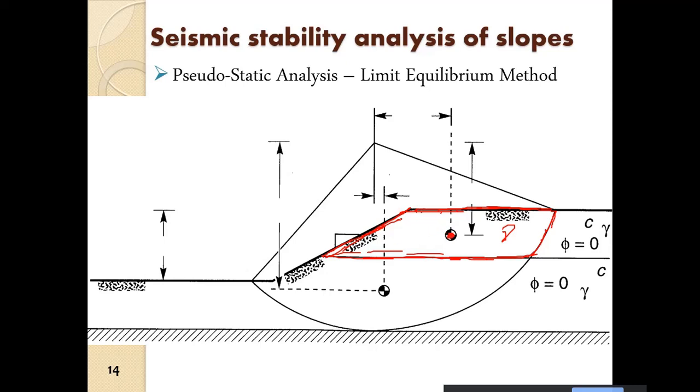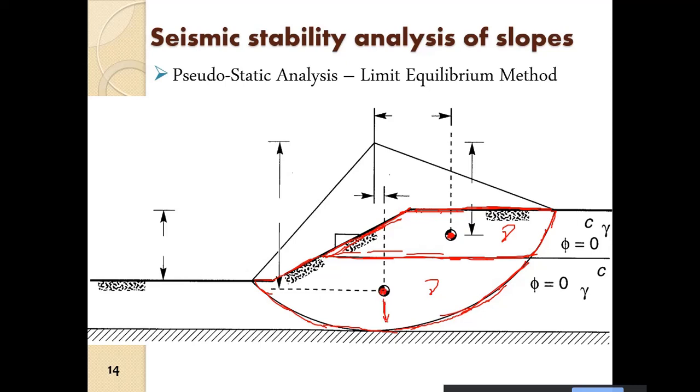We can consider the weight to be concentrated at this point. Similarly we have this wedge over here. It has a particular unit weight, which into this area will give the weight of this wedge, and this is the centroid of this.